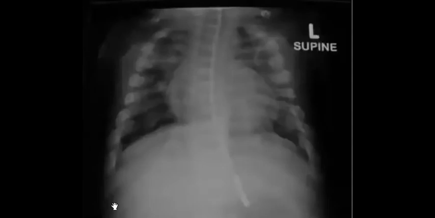Okay, so this patient is in the pediatric age group. What do you think? Chest radiograph, frontal chest radiograph.